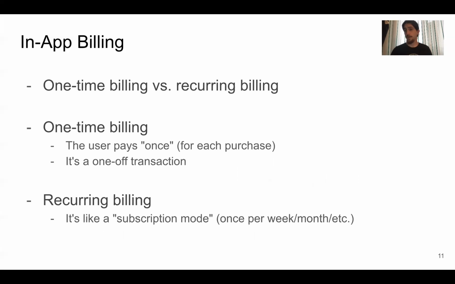Basically, once the user pays, in the pop-up that says, okay, you're about to pay, there is also written that you're going to pay once per week, once per month, on a yearly basis, how much is the amount, and so forth. The idea is that the user can stop it in time, and again, depending on what the app is trying to sell you, one of these two can be a good fit.